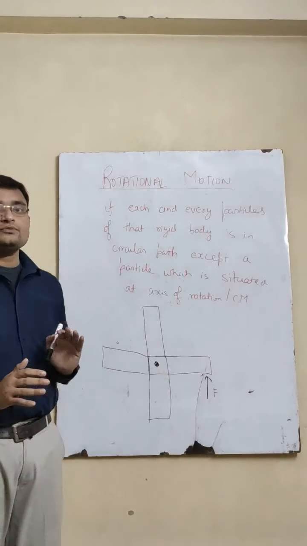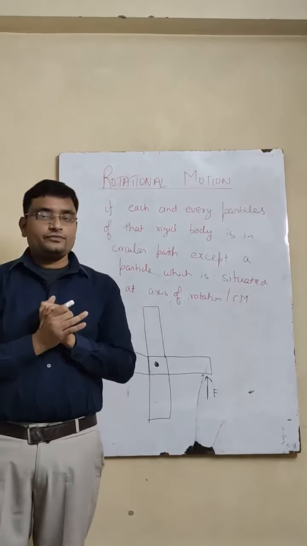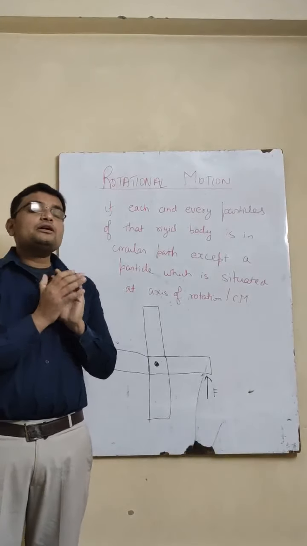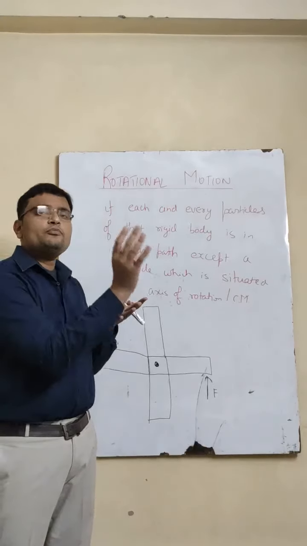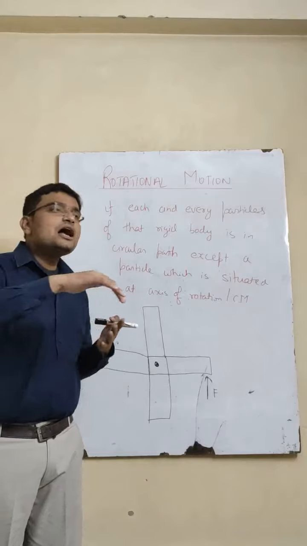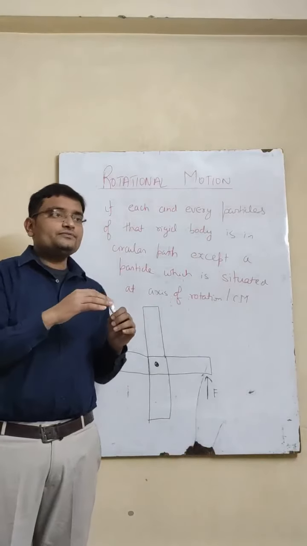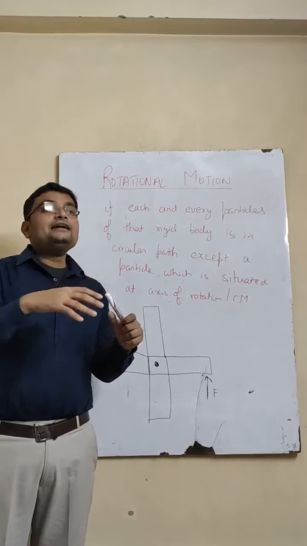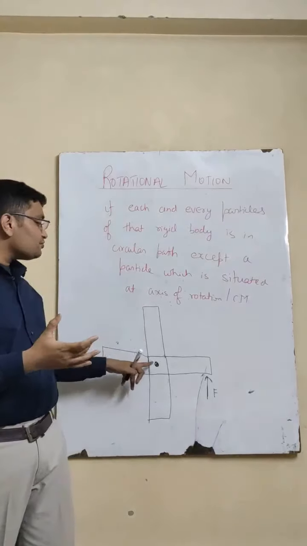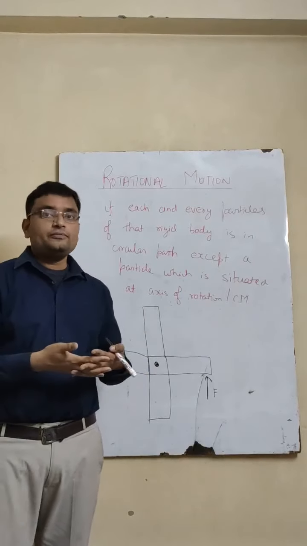So when there is no axis of rotation and you apply an impulse or a force at the corner of the body, the body starts rotating along an imaginary axis, and that imaginary axis passes through a single point, which is called the CM of that body.